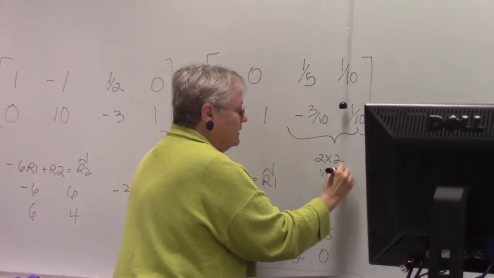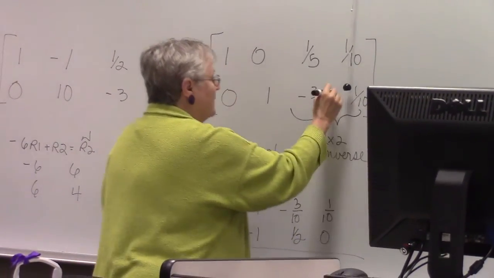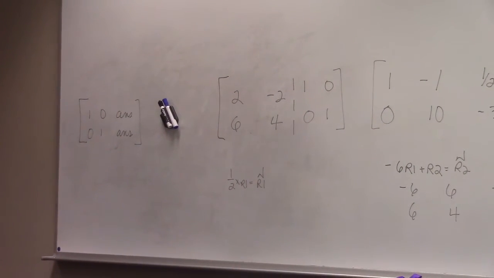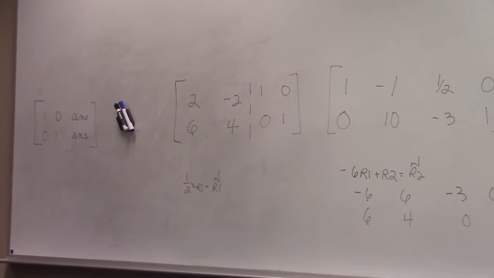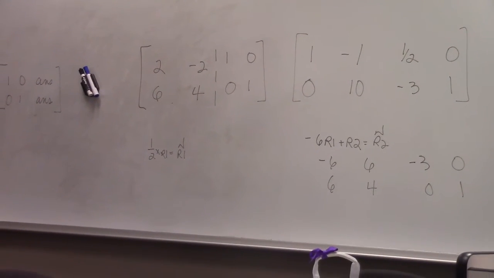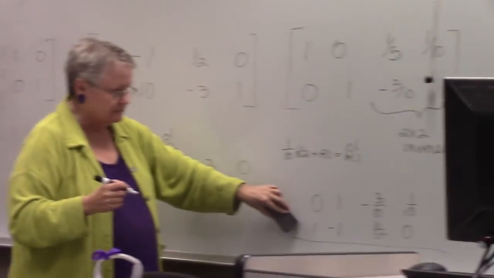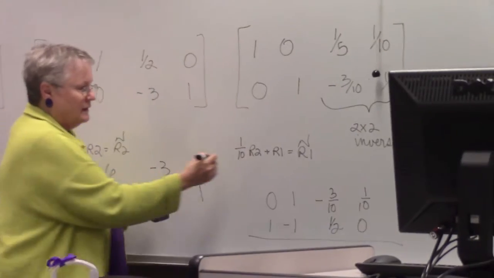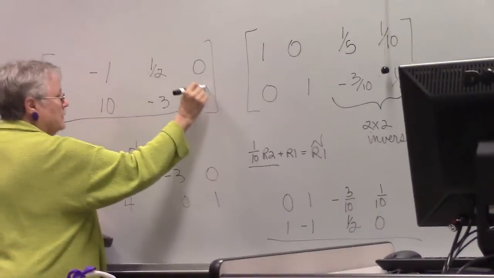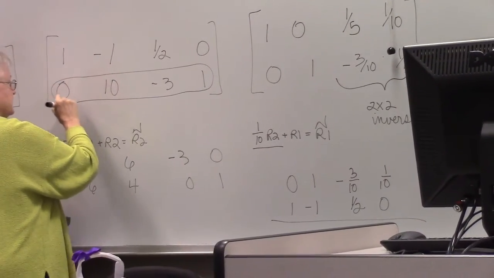How do we check it? We multiply this one times this one. For the bottom here, where it says 0, 1, -3/10, 1/10, what are you doing to that right there? 1/10 row 2.